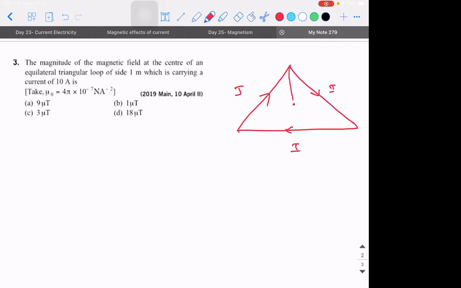Suppose we take just one side. What is going to be the field at the center due to one of the sides? If I take this point, how much is this distance?